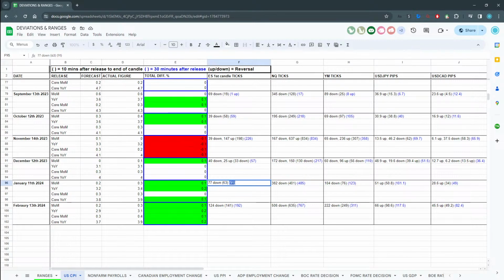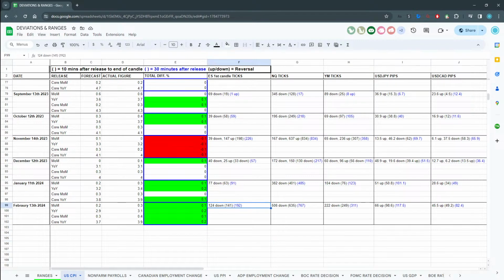And then this figure in the blue brackets shows you the movement 30 minutes after the market reaction has occurred. So what this shows you is a nice breakdown, in a simple way, of how much the markets have reacted to economic releases over a set period of time that we measure them on.